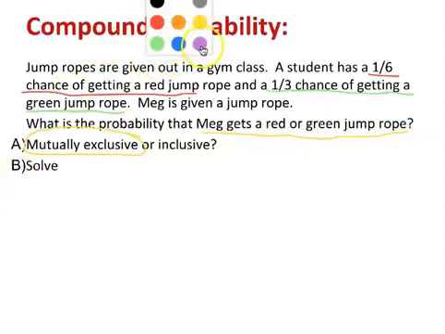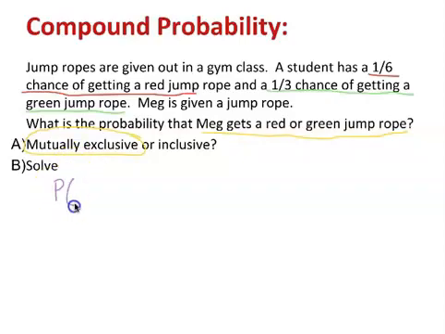And again, if you think you want to give this a try on your own, go ahead and click pause, and then when you're ready to check your work with mine, go ahead and click play. So we are trying to find the probability of Meg getting a red or green jump rope. First we're going to find the probability that she's given a red one.